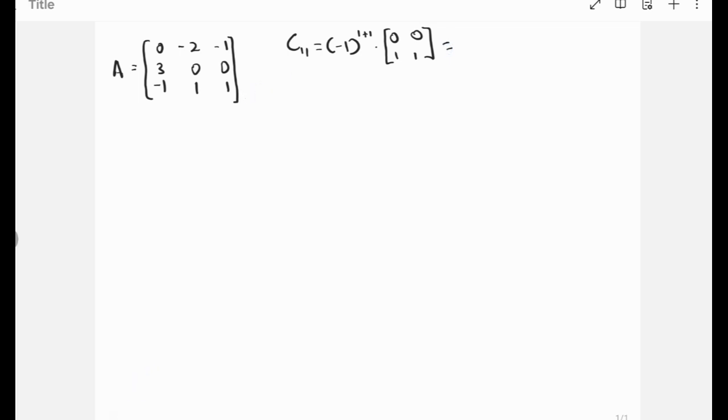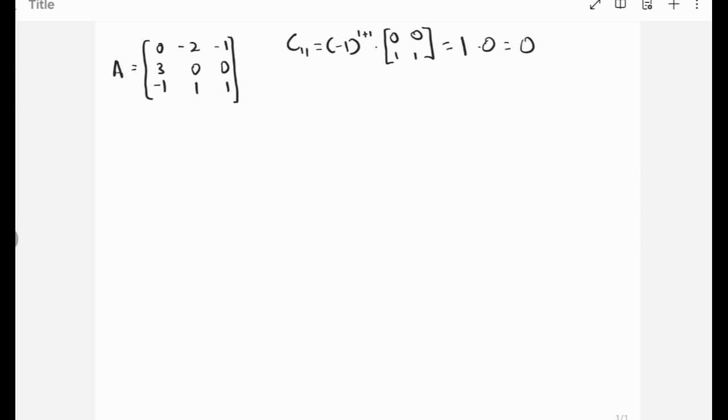So -1 to the power of 2 is 1, times 0 times 1 minus 0 times 1, so 0. So it is 0 over here.